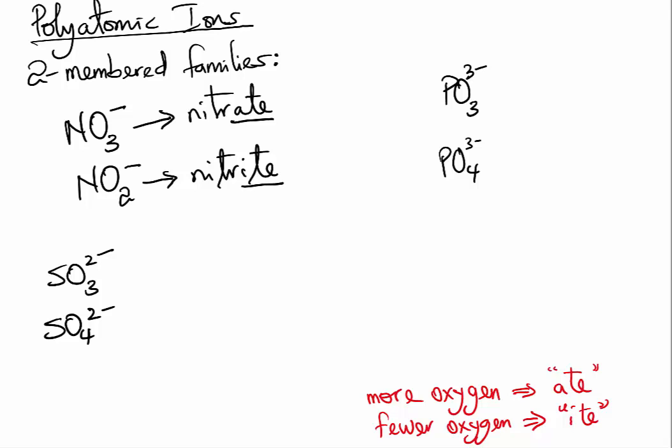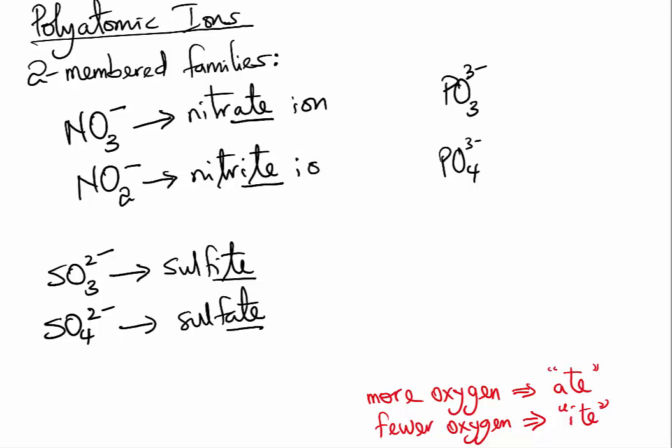In the same vein, SO3 is the member of the family with fewer oxygen, so its name will be sulfite, while the member of the family with more oxygen, SO4, its name will be sulfate. All of them have charges, so they all are ions.